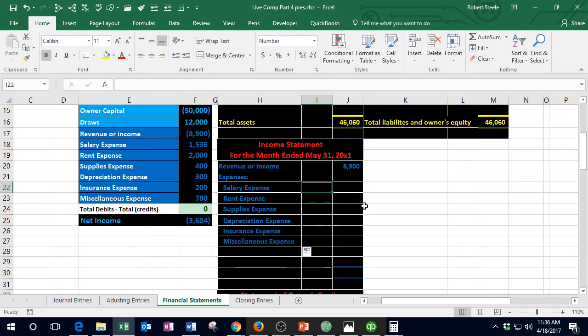Because remember, financial statements, we don't talk debits and credits. When we present financial statements, that's just going to confuse people. So we're trying really hard not to have debits and credits represented in the financial statements. So we're going to say this equals the 1536, and we're just going to pull all these numbers down. I'm not going to group them up in any different way. We're just going to have the same numbers represented.